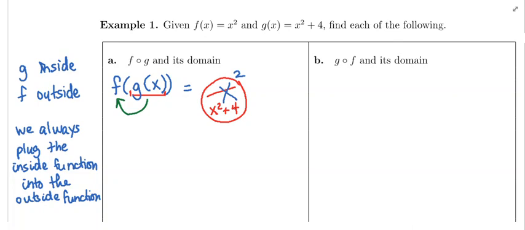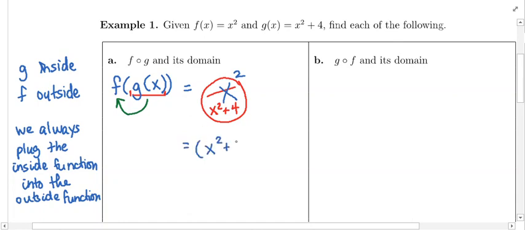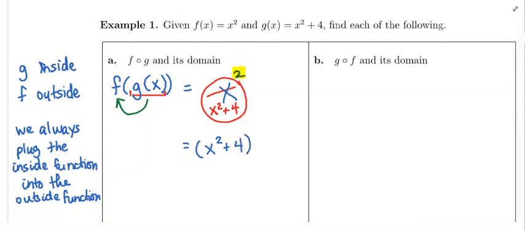So I scratch out the x and I'm replacing it with g of x, which is x squared plus 4. Inside the circle, think of the circle as parentheses. I have x squared plus 4, and that needs to be squared. So that's how you would form f of g of x.